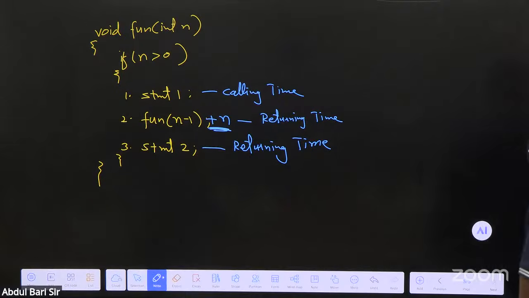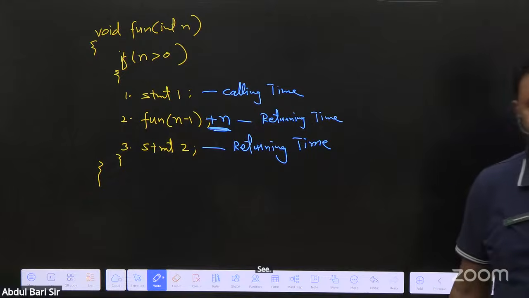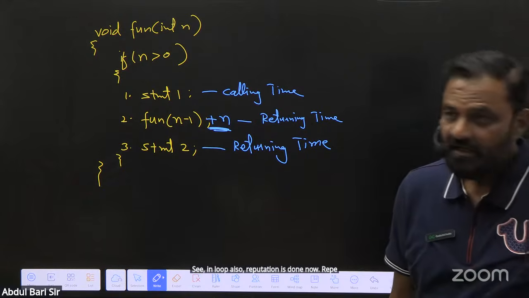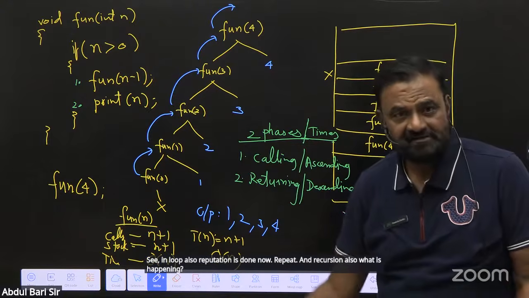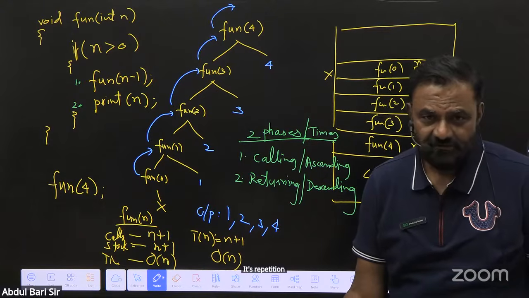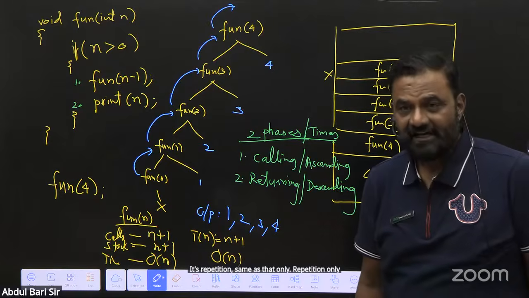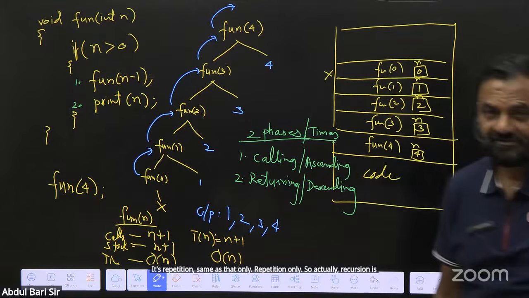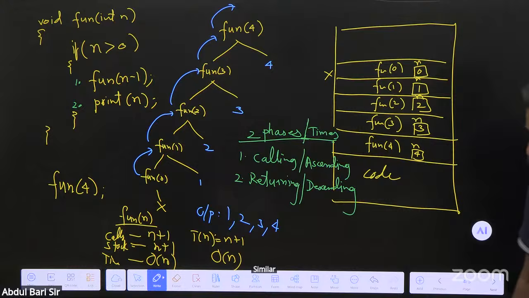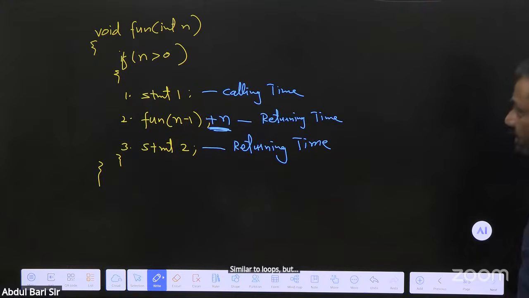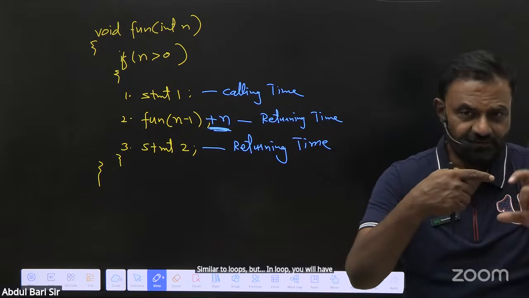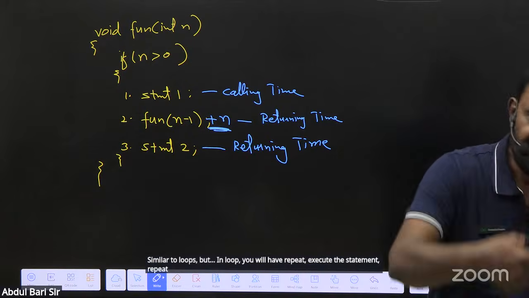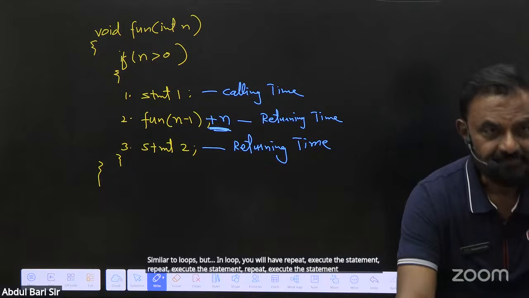And see, in a loop also repetition is done. In recursion also, what is happening? It's repetition, the same as that only. So actually recursion is similar to loops. But in a loop you repeat, execute the statement, repeat, execute the statement, condition fails, stop.